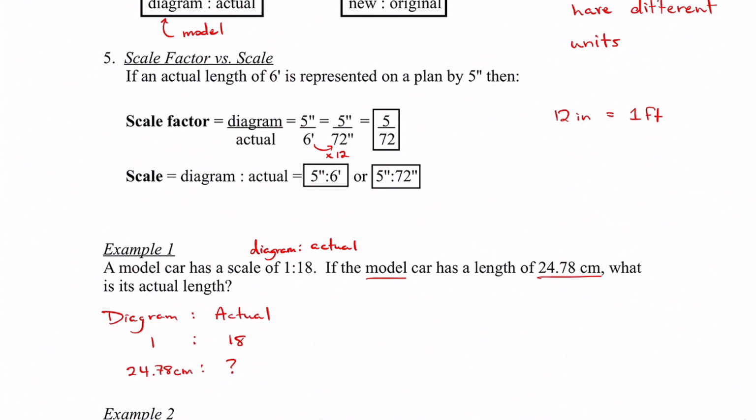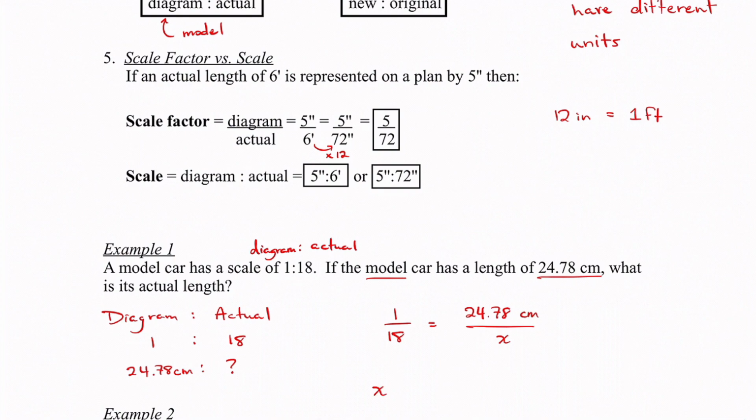So to find out what that question mark is, essentially what I do is I just turn these into fractions and then make a proportion out of it. So I'm going to take 1 over 18 and then set that equal to 24.78, and this was centimeters, and then divide that by, I don't know what it is, so I'm just going to fill it in with an x.